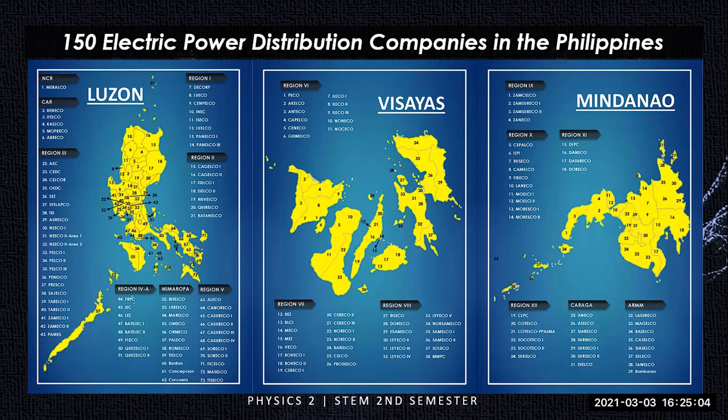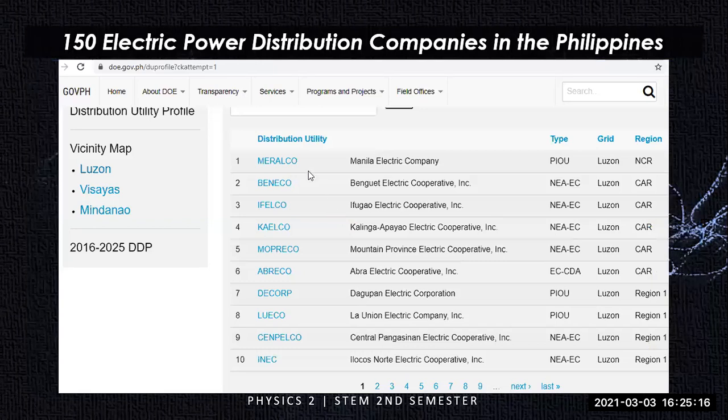Okay, so it has 38 power distribution companies, and of course in Mindanao it has 39. Okay, so this data was collected last January 2021. So these are the names of these companies. For example, Meralco, which is Manila Electric Company, which is included in the NCR. And we have Ifugao, Kalinga, La Union, Ilocos Norte, and so far, and so on.